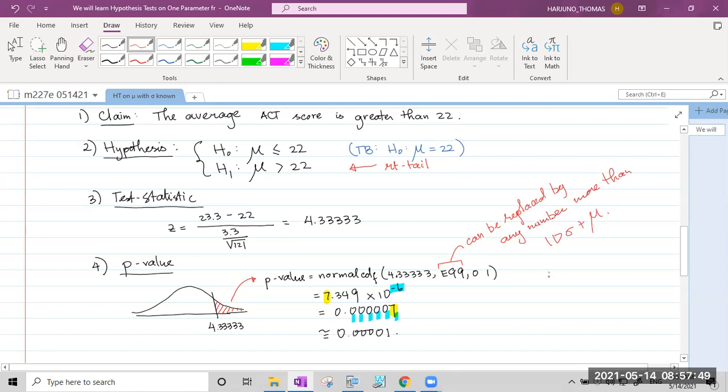So let's say the mean is 100 and the standard deviation is 15. Then I may just use 100 plus 150, that's 250. That should be good enough. You don't need E99, that's way too big.